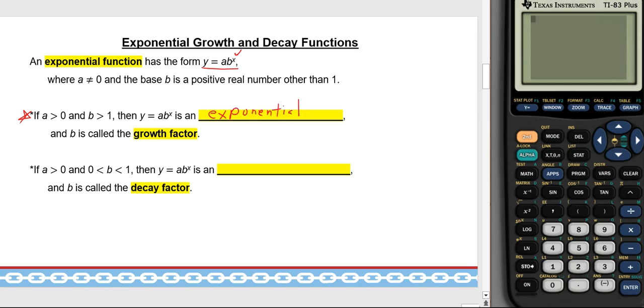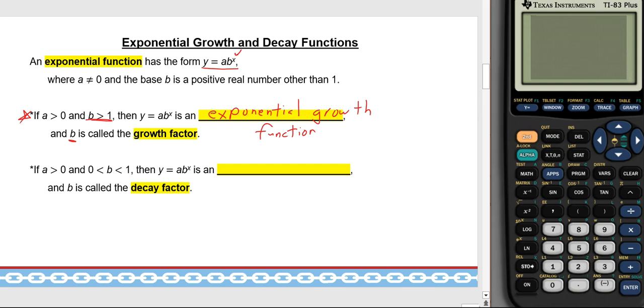Things that might have exponential growth in real life would be population of people, population of animals, bacteria growth, and bank accounts.